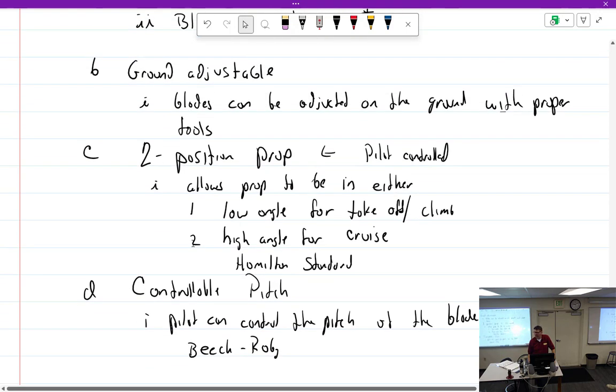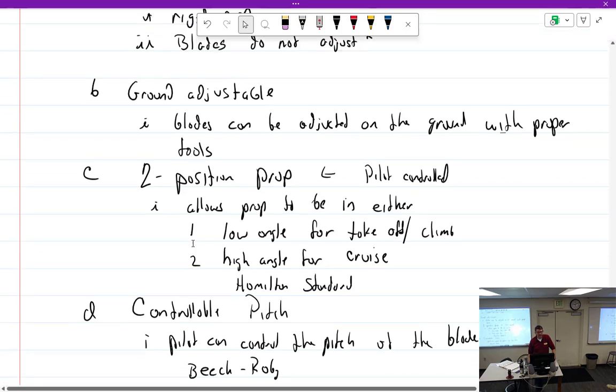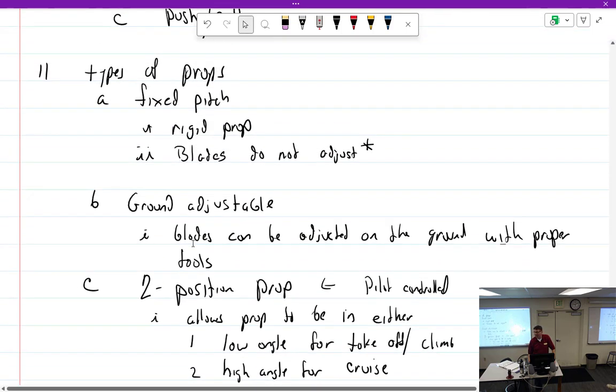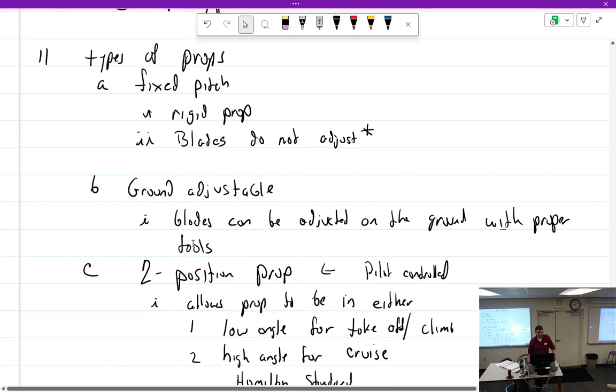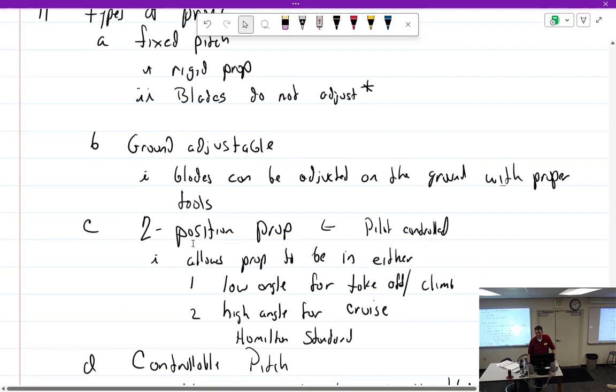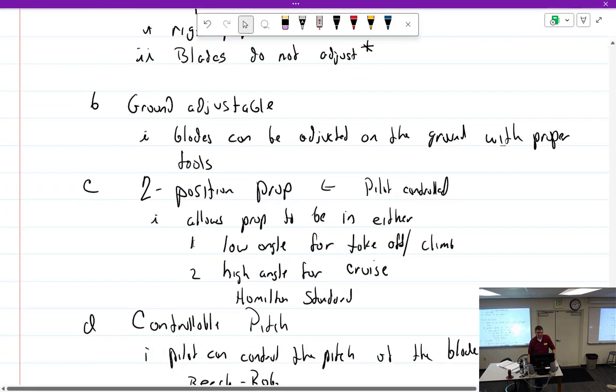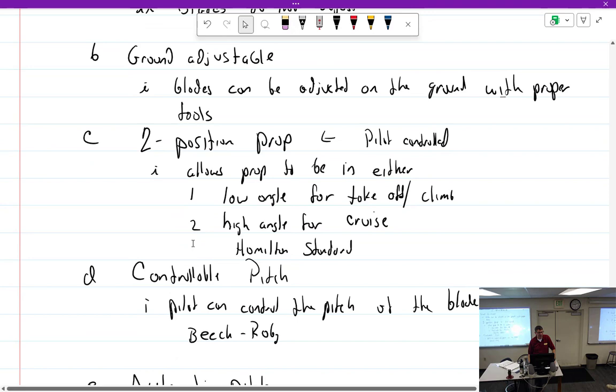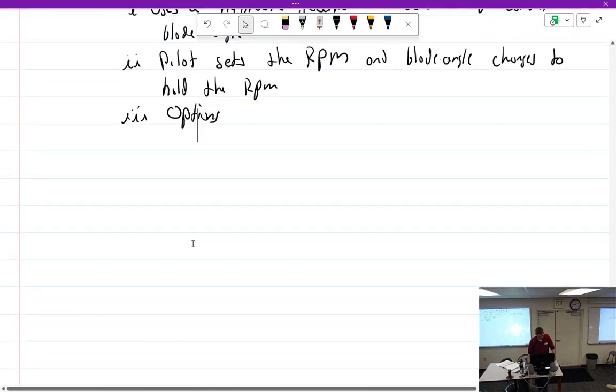I saw an electric prop on a Debonair a couple years back. Most people have switched them, but yeah, they were on Beechcrafts, and some people still have them probably. Mostly phased out. Ground adjustable, there's still plenty of them out there.